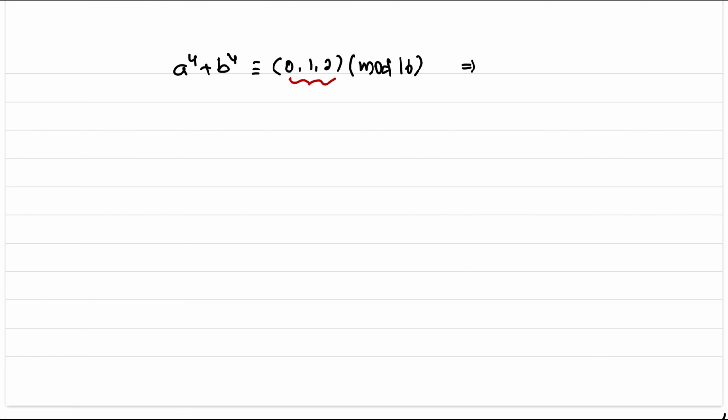Now, we have that a to the power of 4 plus b to the power of 4 is equal to 2657. Then 2657 is equivalent to what mod 16?